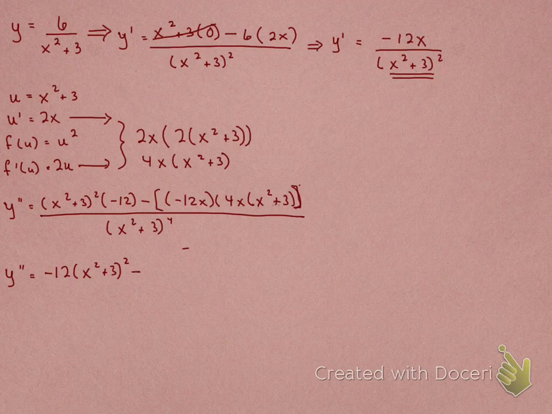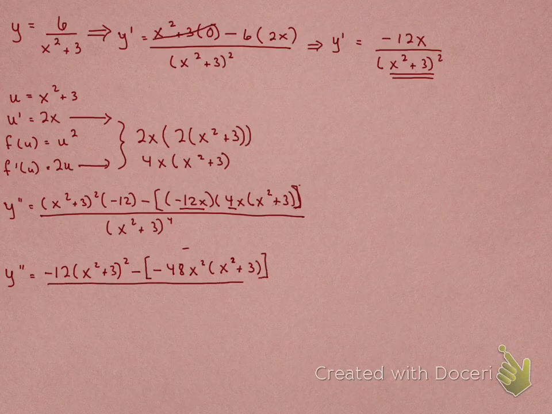And then minus, and I'm just going to put that in brackets, you've got a negative 12 times a 4. So that is going to give you negative 48x squared times your x squared plus 3.